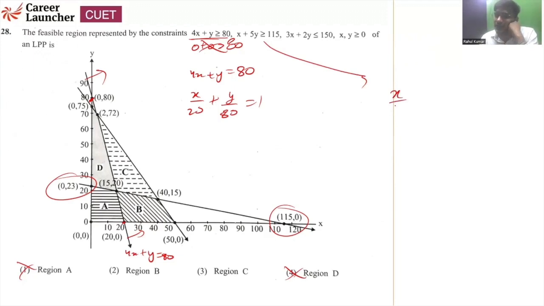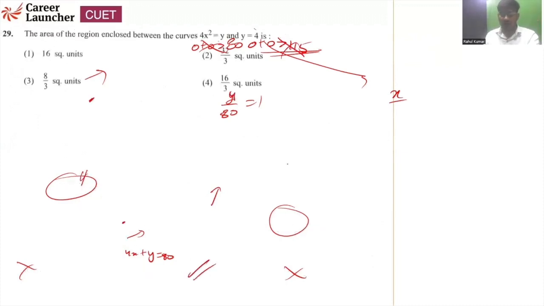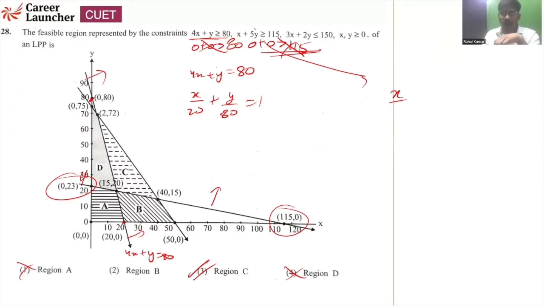We have decided the line, now where it is lying. So don't waste your time in finding the line. What we'll do, we will simply solve this. So 0 plus 0 is greater than 115. Is this true or false? This is a totally false statement. So the region is away from the origin again. So region C is the correct answer for this problem.